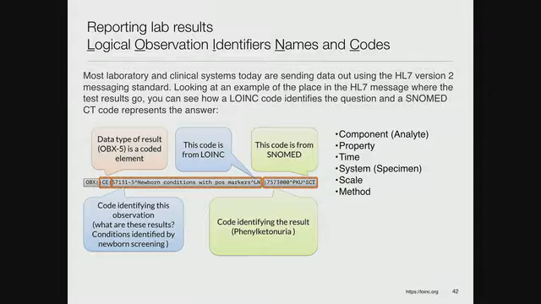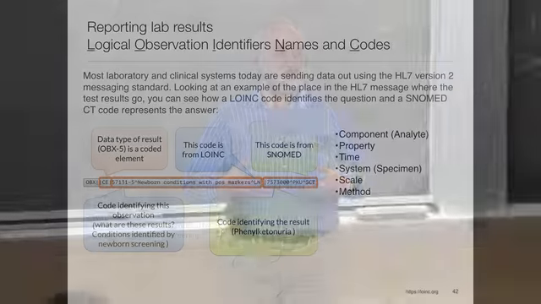If you send off your blood sample to a lab, they send back a string like this to the hospital or to your doctor's office that says, it's coded in this OBX coding system, and here is the LOINC code, and this is the SNOMED interpretation, and so this string is the way that your hospital's EHR or your doctor's office system figures out what the result of the test was.